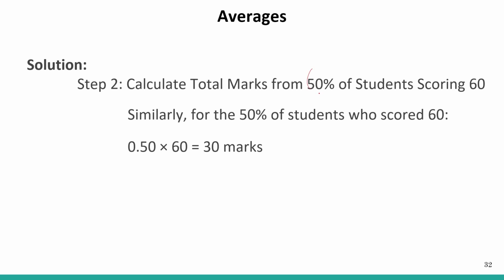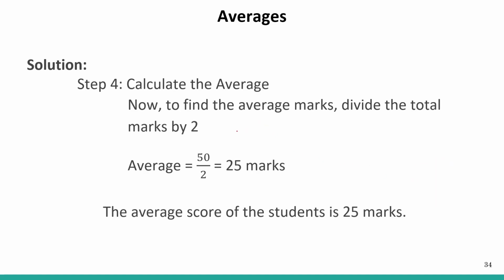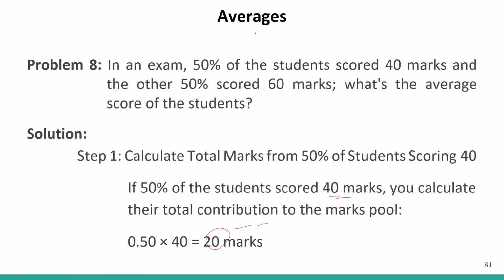So calculate the total marks from 50% of the students scoring 60. So similarly for them it will be 30, that is 0.5 into 60. Okay, so then adding these two, what we are left with is 50 marks. So 50 marks will be the average. So if we calculate, 40 into 0.5 plus 60 into 0.5, okay, this is equal to what?